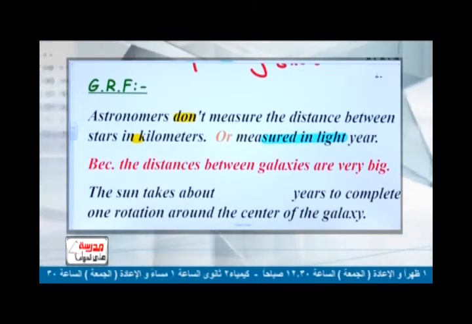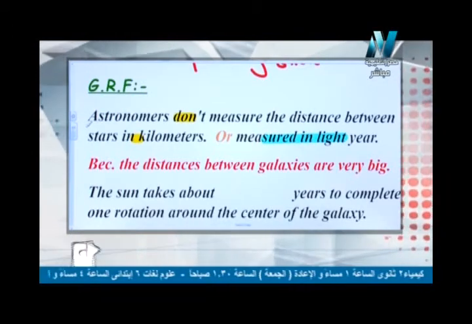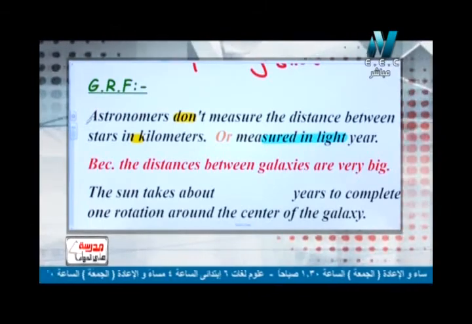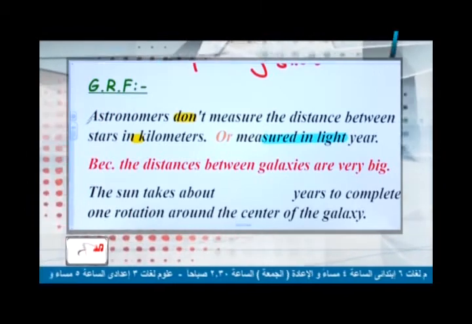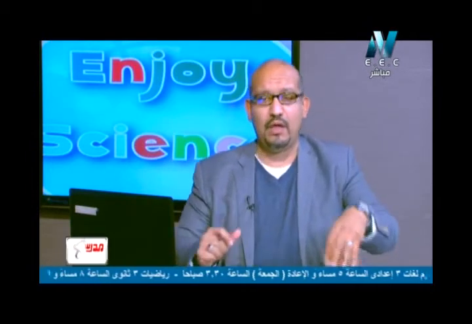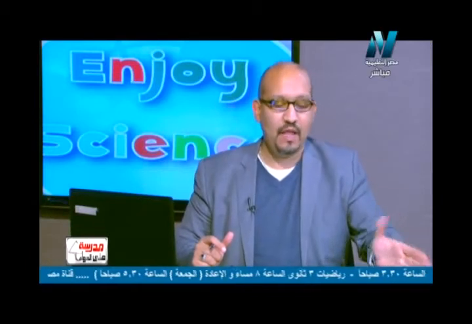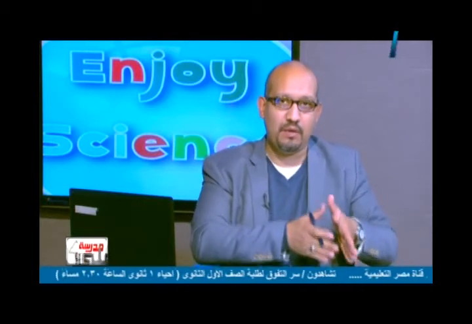As we remember, dear students, from the previous stages, in primary stage and first prep, we studied that the moon rotates around the earth, which rotates around the sun, and the sun rotates around the galaxy. The galaxies rotate around the center of the universe. So everything rotates around the bigger one, due to gravity.